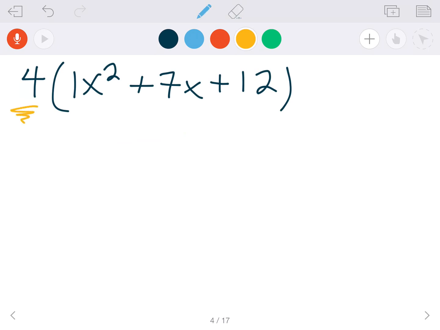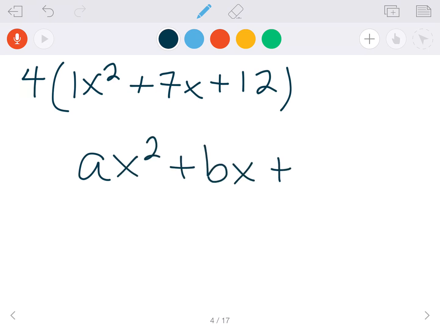The 4 is taken care of. We are done with the 4. That will be included in our answer, but for now we just need to consider all of this. So let's take a look at our c term. Remember, ax squared plus bx plus c, that's standard form. In this case, our a is going to be our coefficient of 1 right here.